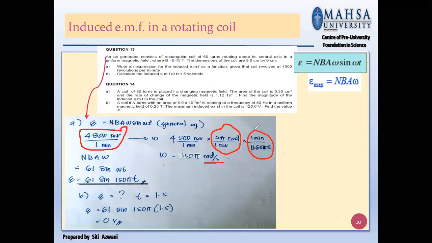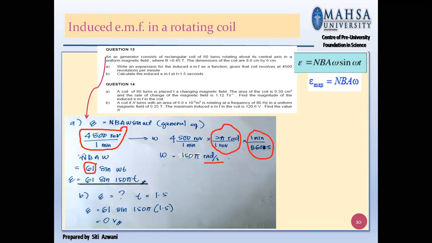So convert first 4500 revolution per minute to radian per second. Then you get the value of your omega. Substitute all the values into your formula, E equal to NBA omega, to calculate the value, which is equal to 61.